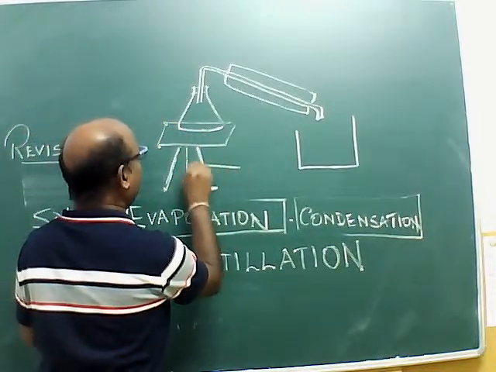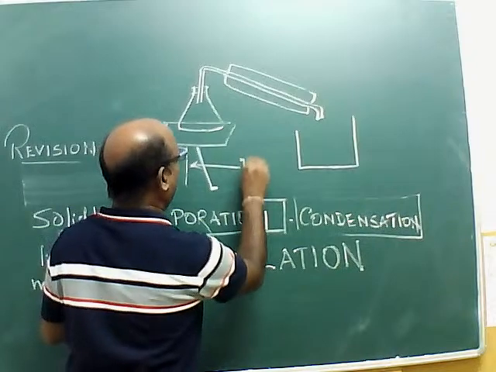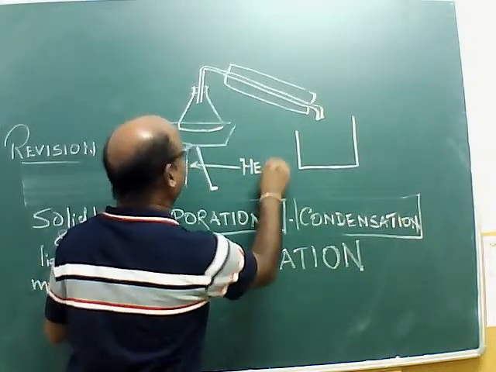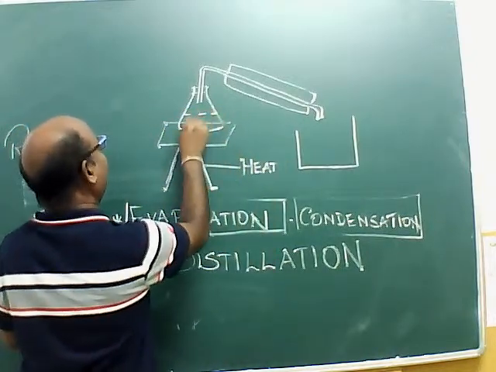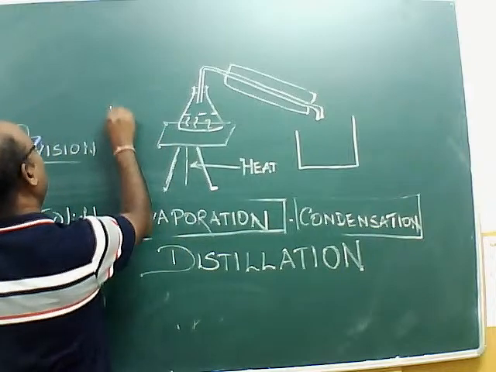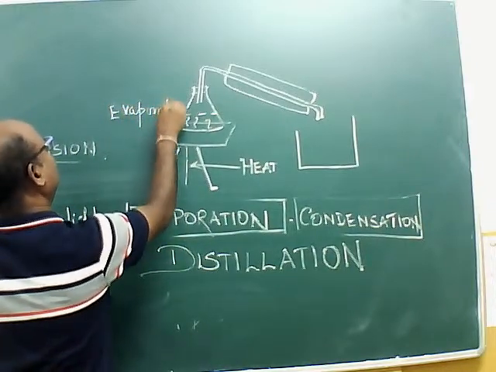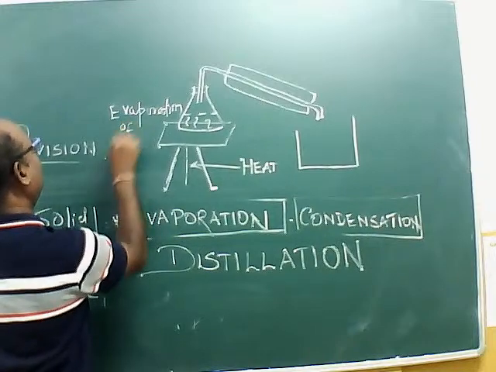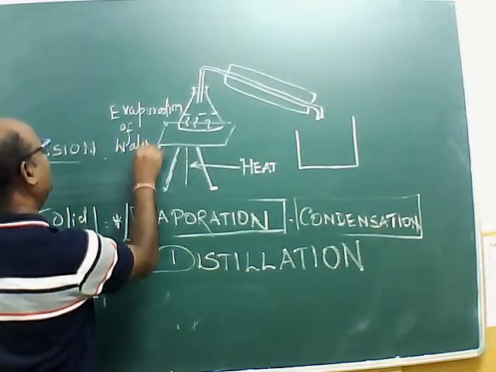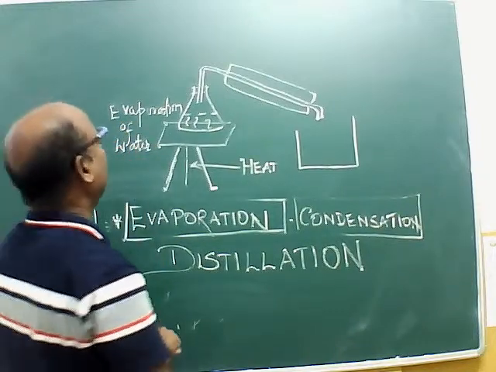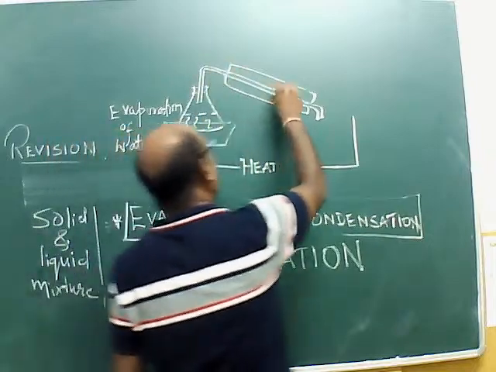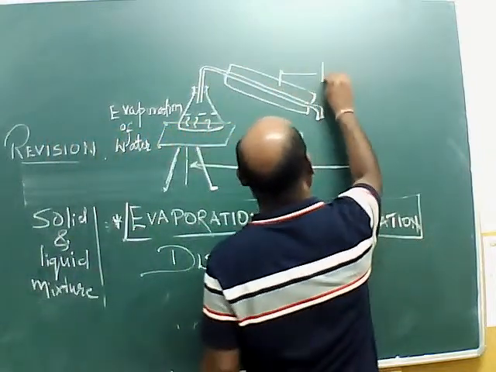when we provide heat by Bunsen burner or by spirit lamp, water here will get evaporated. Evaporation of water will take place. This water vapor goes through this tube, this is the Liebig's condenser.